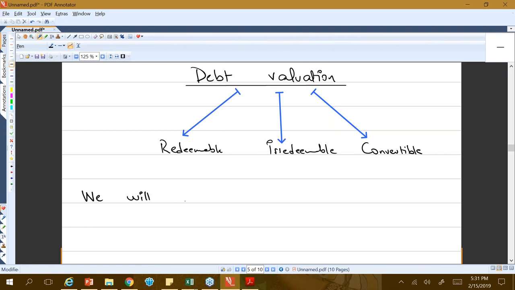Now, how do we use the debt valuation? We will find the market price of debt. So our aim here is to find the market price of the debt.